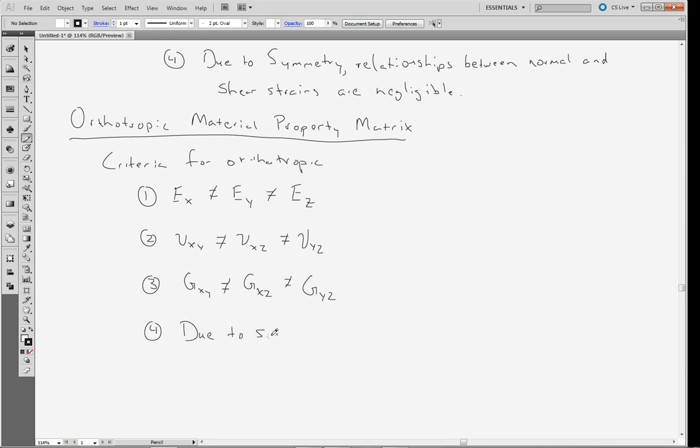Due to symmetry, no relationship, or we'll say, I don't want to say no relationship, we'll say negligible relationship between normal and shear strains.